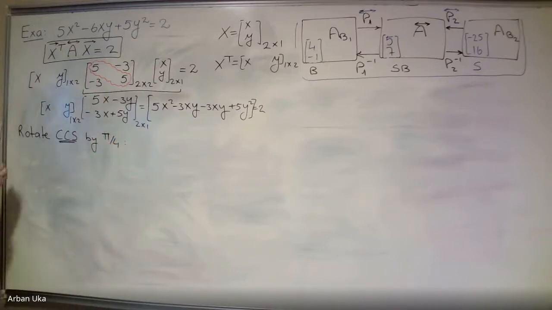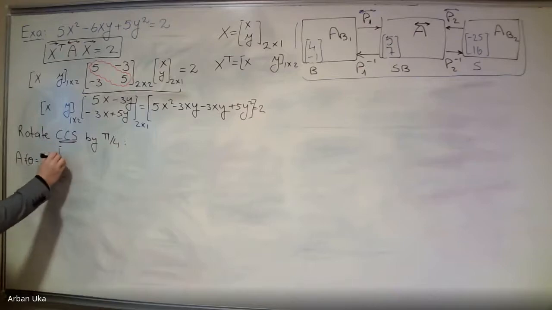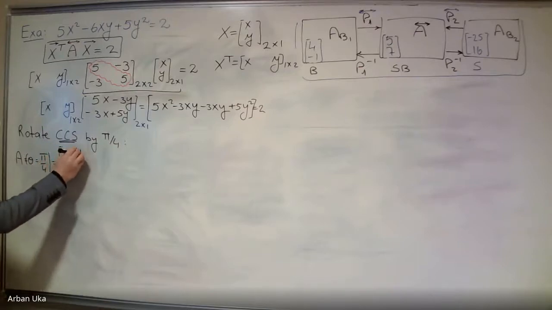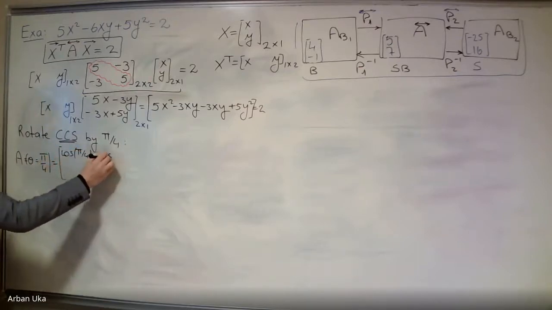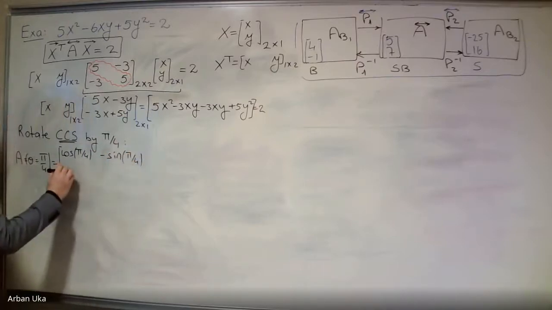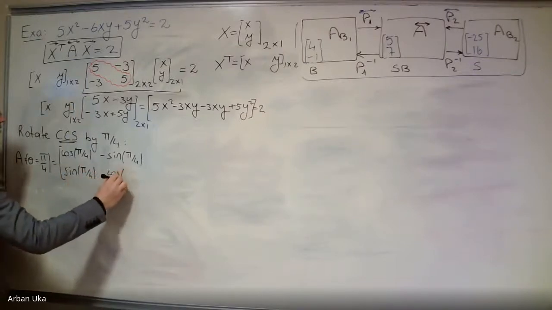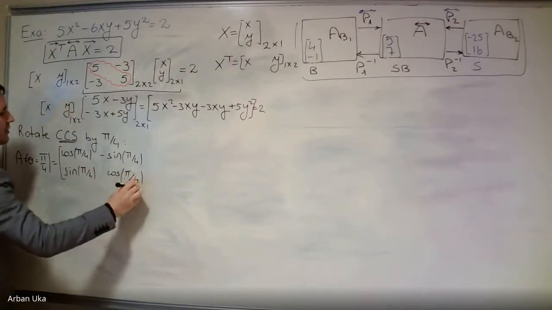So what is the rotation by pi over 4? It's going to be a matrix where theta is pi over 4, which is equal to cosine pi over 4, minus sine pi over 4, sine pi over 4, and cosine pi over 4.